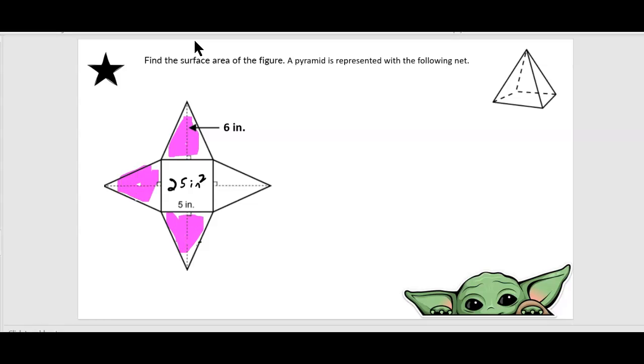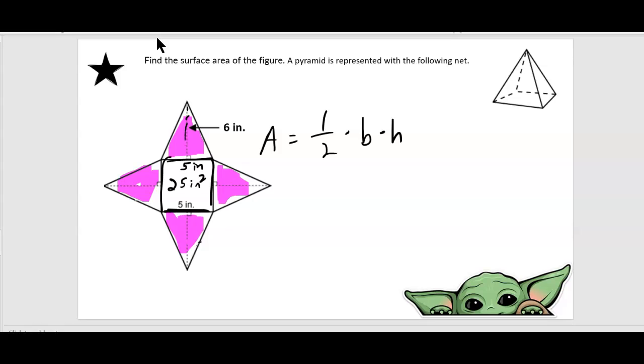So once you find one of them, you know them all. Half base times height is the way you find the area of a triangle. The base is 5. If it's 5 here, it's 5 here because this is a square. All sides are equal. 5 inches.